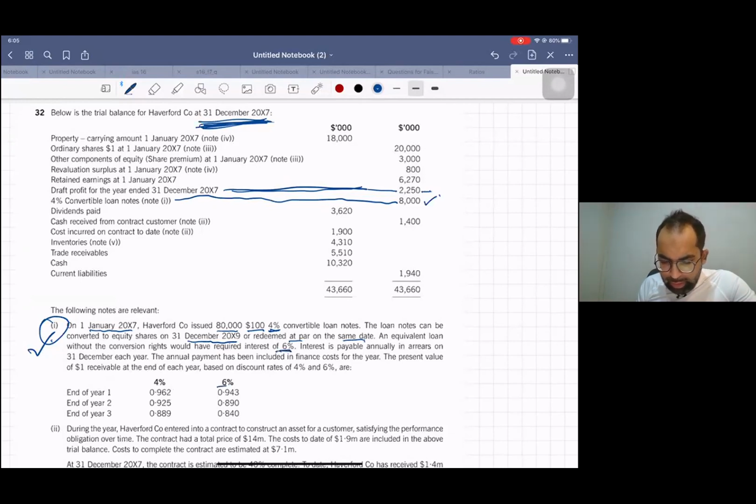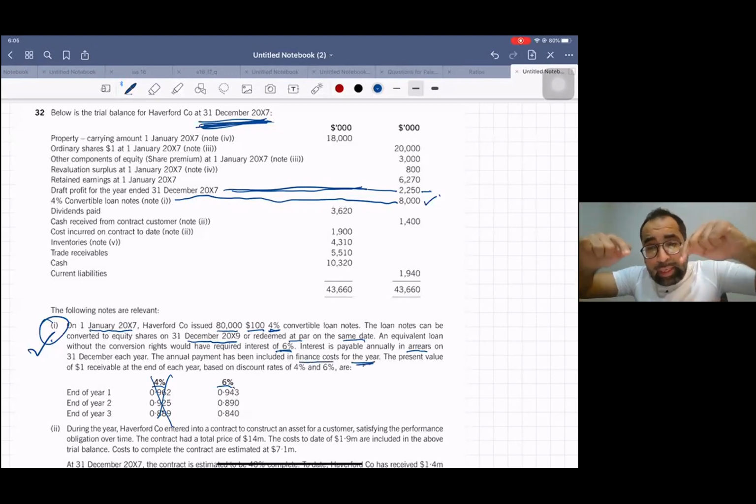See, this is the market rate and this is the coupon rate. The discount factor of the coupon rate is always irrelevant. Don't touch it. Interest is payable annually in arrears on 31st December each year, that means the last day. The annual payment has been included in the finance cost for the year.